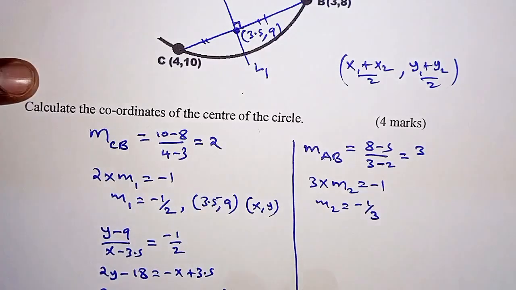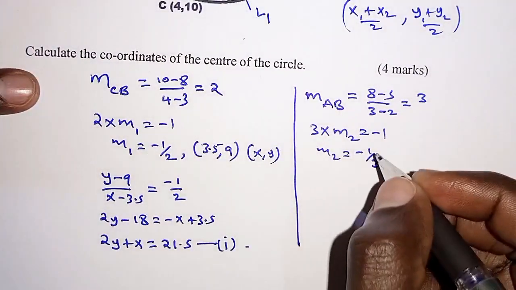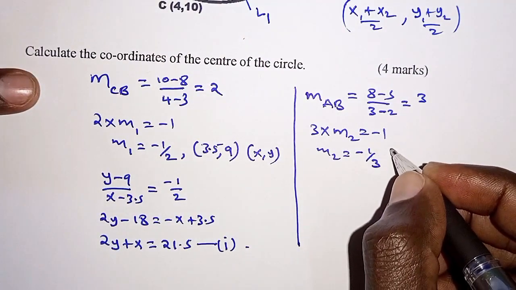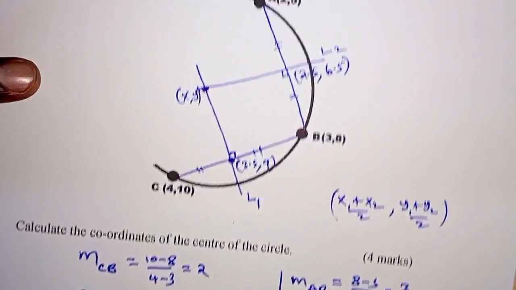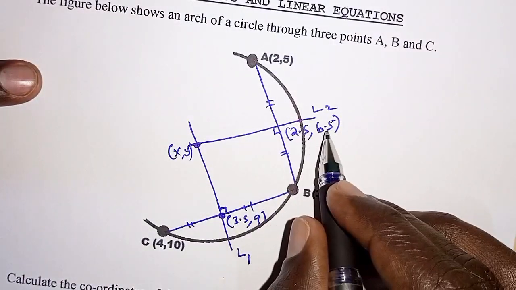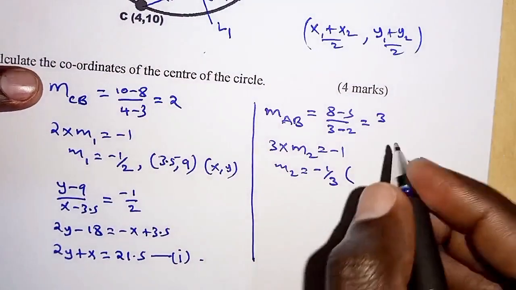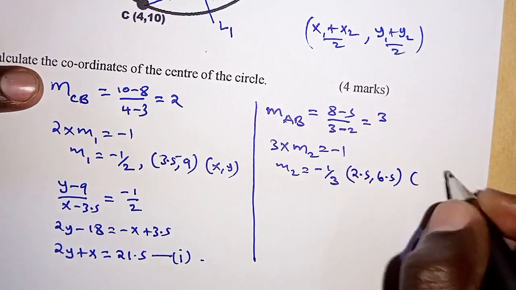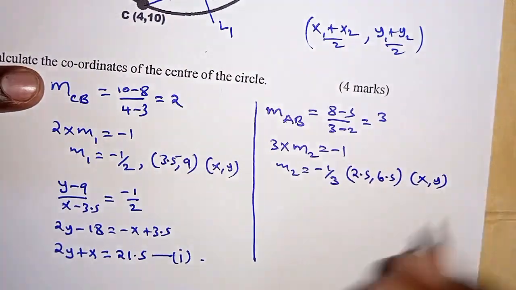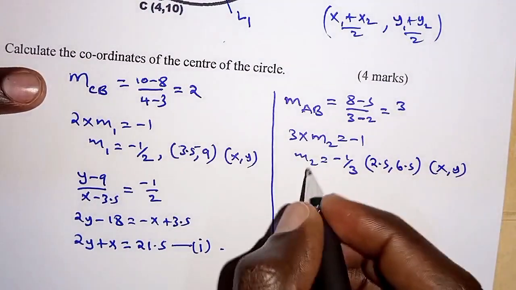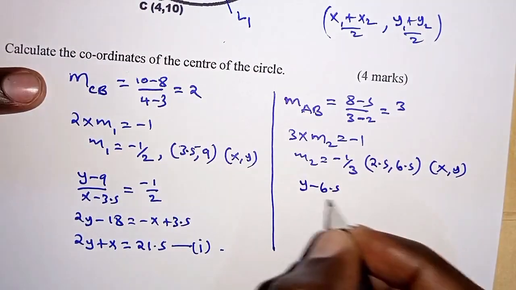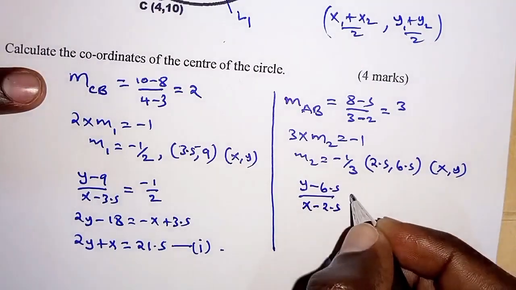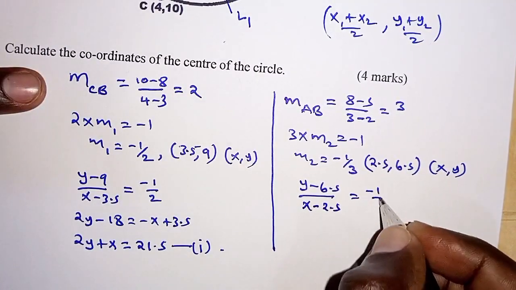Now with this again, we can determine the equation of line 2. Now remember, we have a point on the line that is 2.5, 6.5. We also consider an arbitrary point xy. So change in y over change in x, that is y minus 6.5 over x minus 2.5. This should be equal to negative 1 over 3.